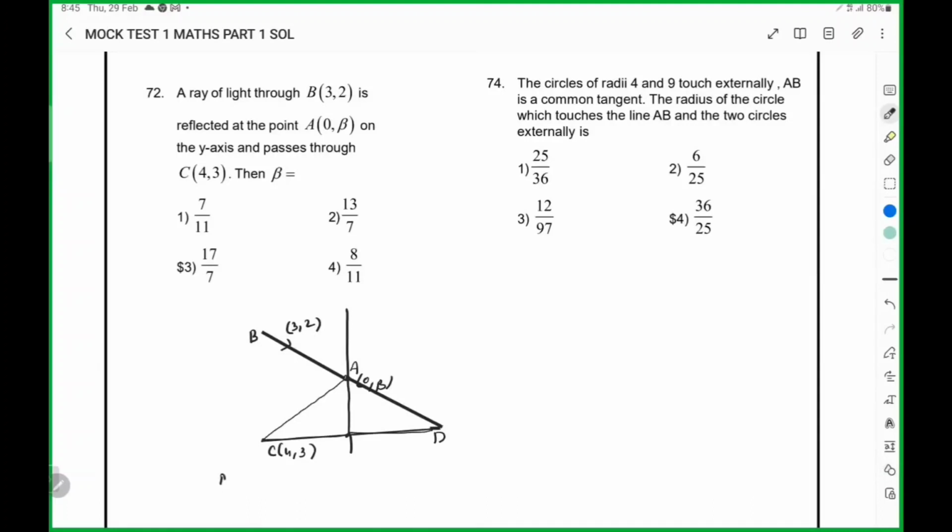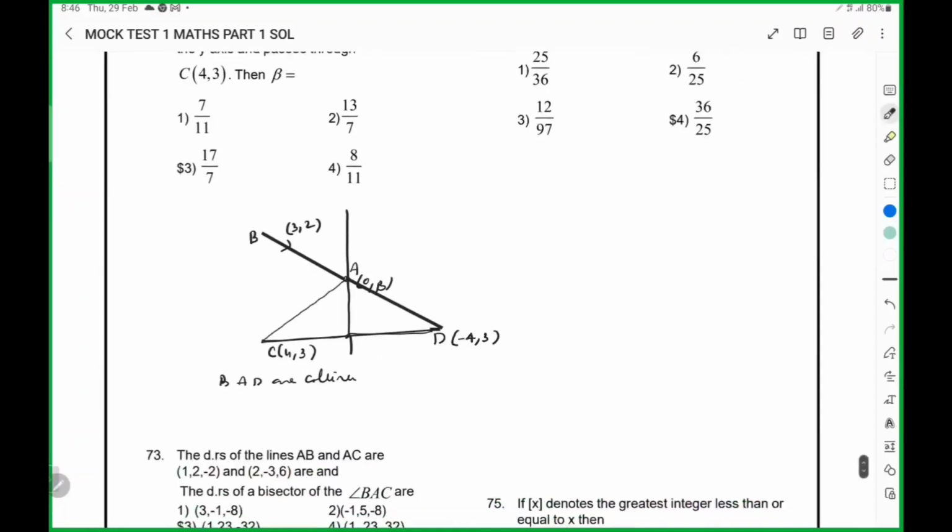then B, A, D are collinear. Here it is 4 comma 3; with respect to the y-axis, the reflection will be minus 4 comma 3. So now BA slope is equal to BD slope.